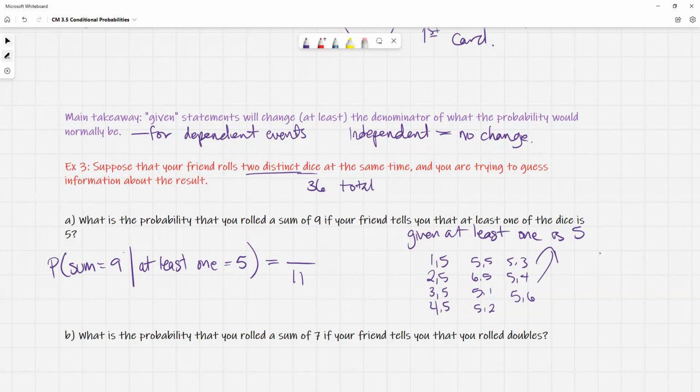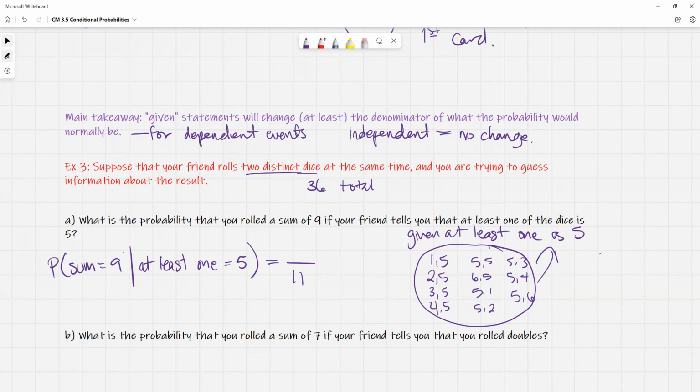Given at least one is a 5, here are my outcomes where one die gives me a 5. My new total is 11, because not all 36 have at least one 5 in them; I have 1 2, 1 3, 1 4. Out of my 11, I'm no longer caring about the 36. You've picked all the ones that you potentially want, so you're no longer looking at the rest.